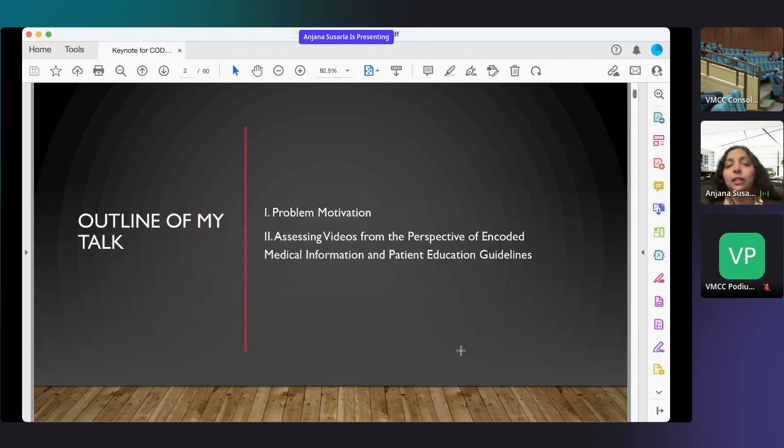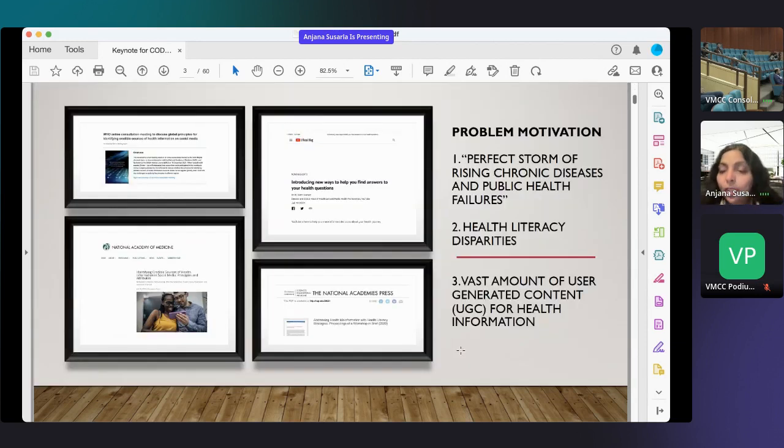So let me talk a little bit about the problem motivation. For the past few years, in the era of COVID, we are seeing a sort of a perfect storm, if you will, that there are all these chronic conditions at the same time. Social media has almost fueled what some are calling an infodemic, an epidemic of false information or echo chamber kind of effects.